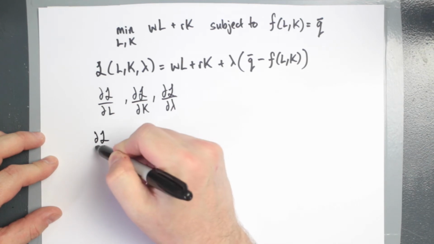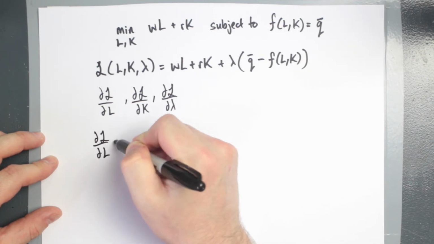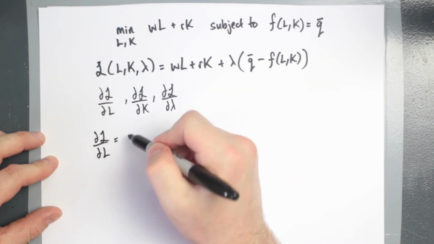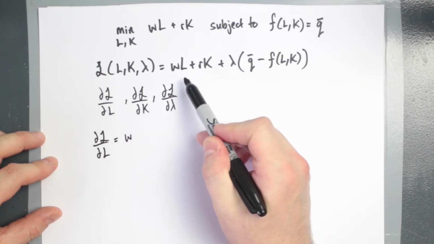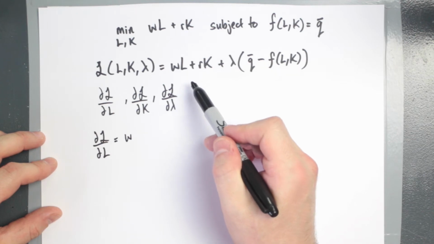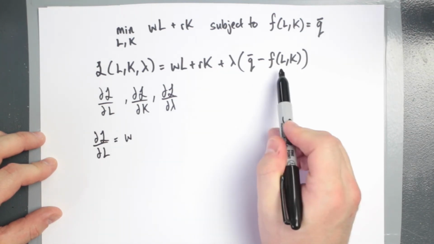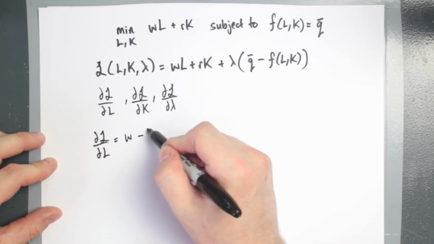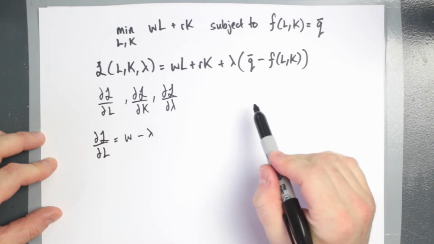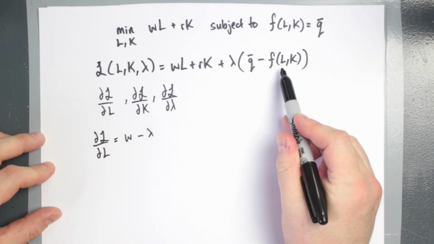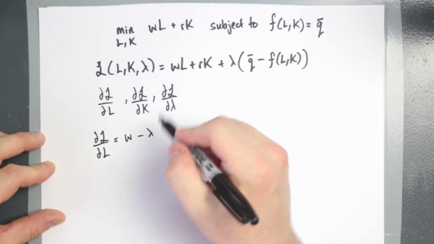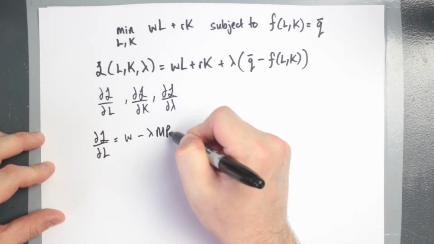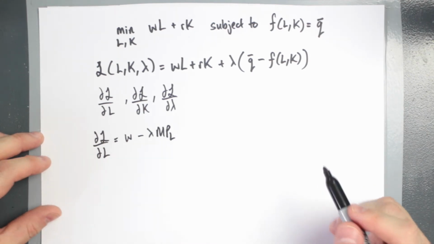So let's actually take these partial derivatives. The partial derivative of the Lagrangian with respect to labor would be W, and then a minus lambda times the partial derivative of this long-run production function with respect to labor. We gave that the name, the marginal product of labor. Okay?